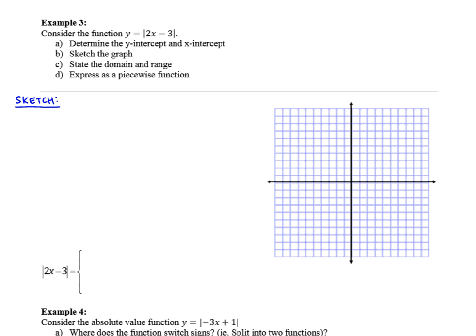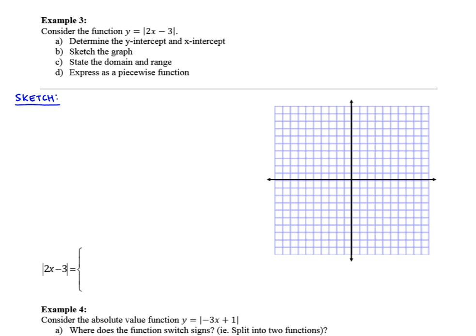So if I wanted to sketch the absolute value of 2x minus 3, the easiest thing to do first is sketch y equals 2x minus 3 without the absolute value. Okay? Grade 10 math. Do you remember how to do that? What's your y-intercept of that graph?